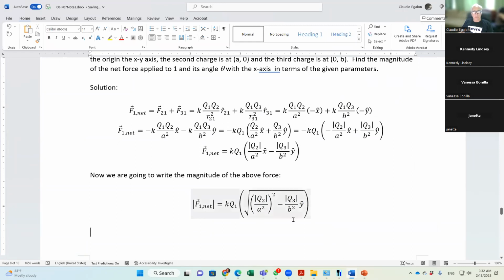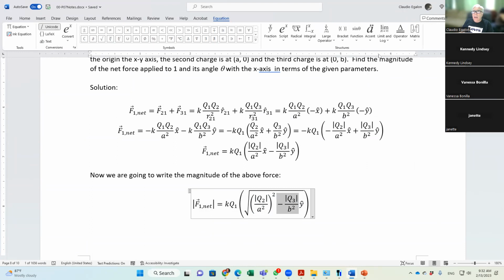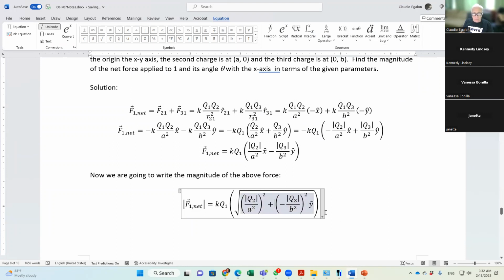We cannot have a vector equal to a scalar. And we do the same here. We are going to square this term, and when I square this term, I have to add a positive sign here, and we eliminate the y hat.